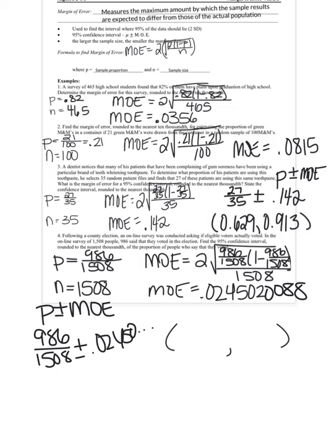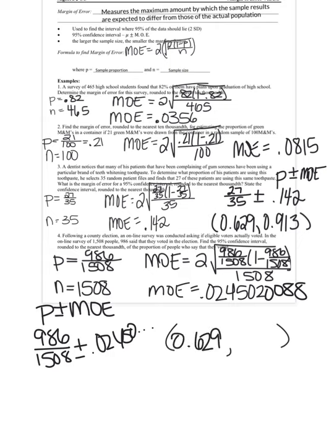You can write down 5 decimals if you want, but you have to keep the whole thing in the calculator. So when you do 986 divided by 1,508 minus that number, that gives you 0.629. We're rounding to the nearest thousandth, I believe, which is 3 decimals, yeah.